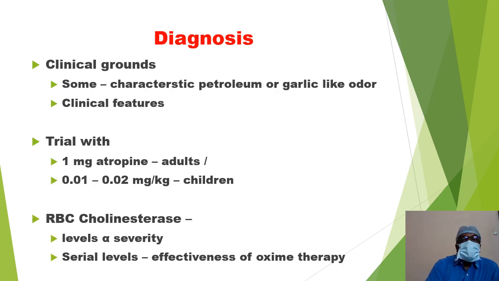Coming to diagnosis, most of the time it is based on clinical grounds, like cholinergic features and history of taking the poison, and sometimes you can see a characteristic petroleum or garlic like odor.